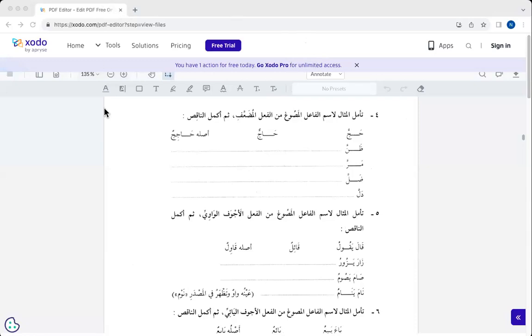Well, the opposite of fi'l al-mu'tal is al-fi'l al-sahih. And in this context, the word sahih doesn't mean authentic, as in al-hadith al-sahih. But here, as the sister says in the chat, sahih means sound.